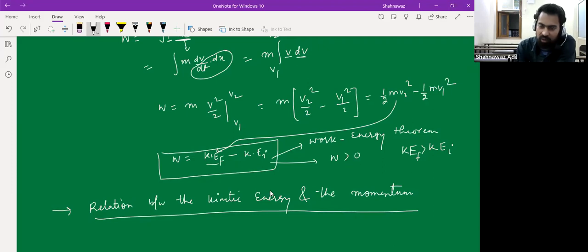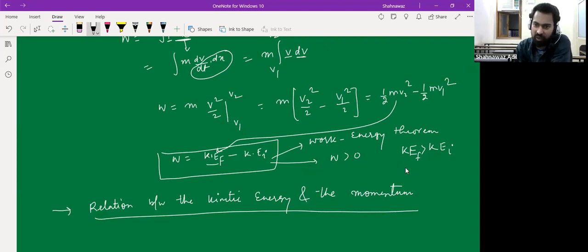You say that your object was moving with some velocity v1, and then you applied some force on it, and then it moves faster. So then your work done will be positive.